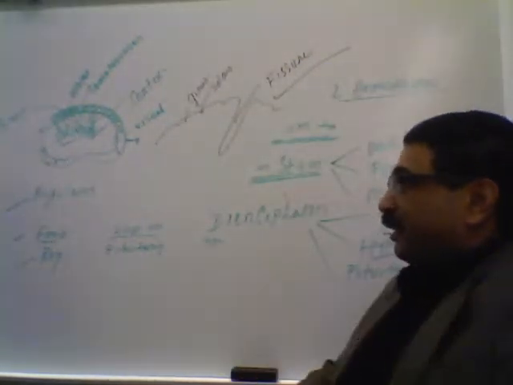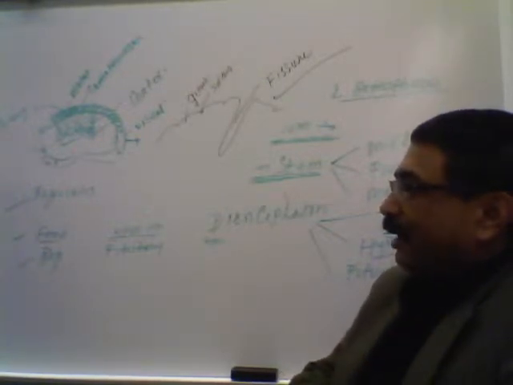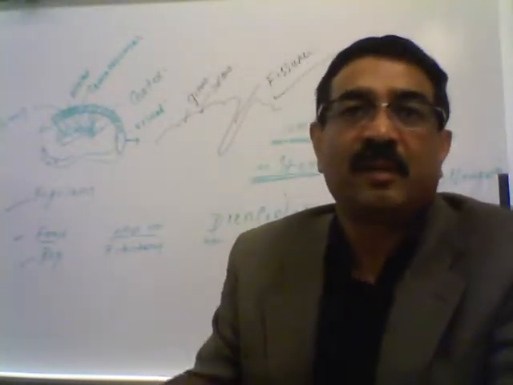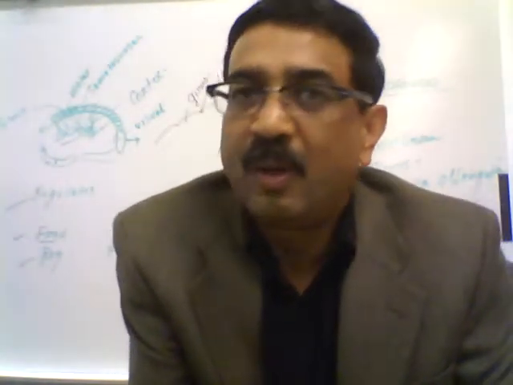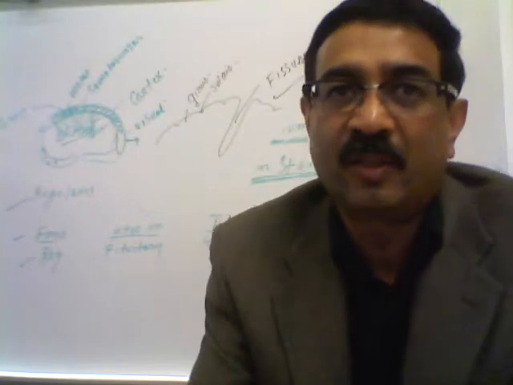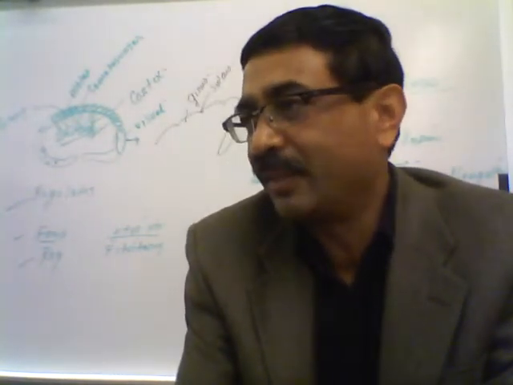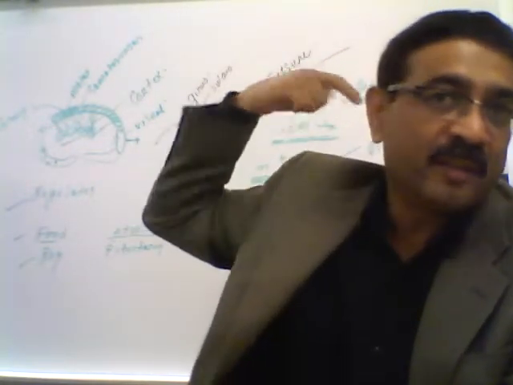First, let's see the occipital lobe all the way back. In the occipital lobe, you have the primary visual cortex all the way in the back, where the visual signal is processed.